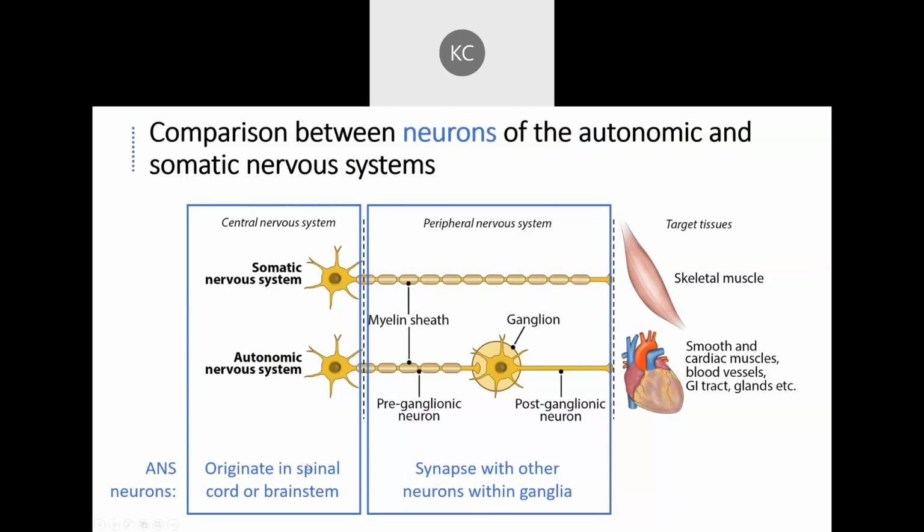Sometimes the postganglionic neuron is just called the ganglionic neuron, because it starts at the ganglion. So if you read books or watch videos and it says the ganglionic neuron, it's talking about the postganglionic neuron. You relay the signal from the preganglionic to the postganglionic neuron via neurotransmitters in this region that will then bind to their receptor. There are different types of neurotransmitters and different types of receptors that we'll discuss. And then this postganglionic, or ganglionic, neuron is the neuron that actually travels out to the periphery and innervates the effector. So this is the basic layout.